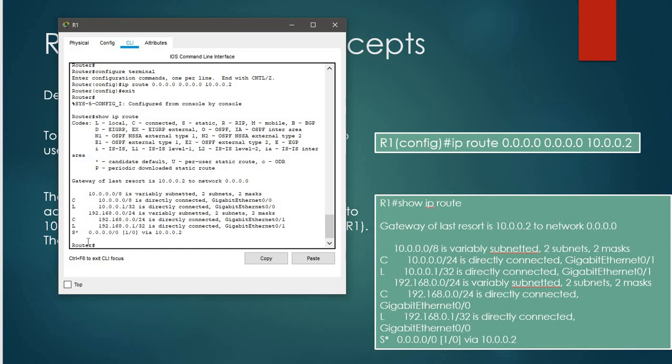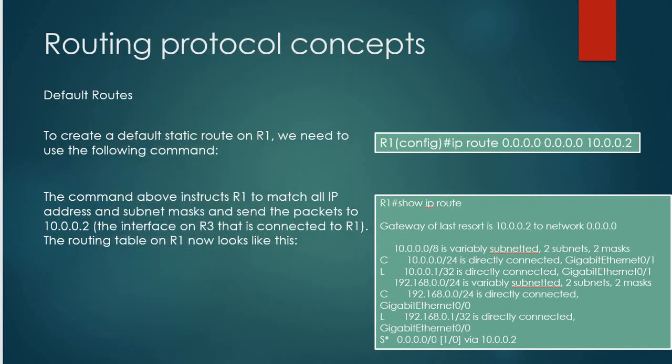Here we'll get these routes marked with S. This is called the static route or the default route. These are the things in this default static route.